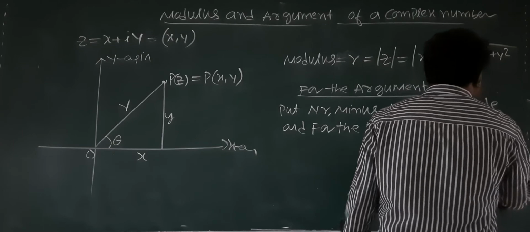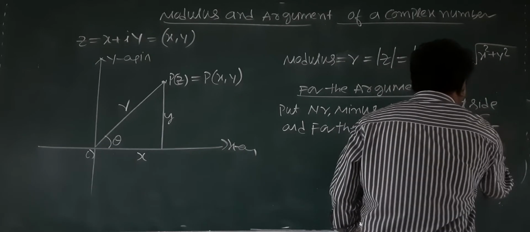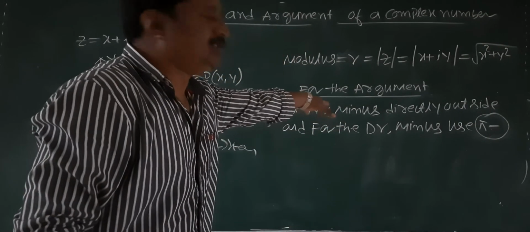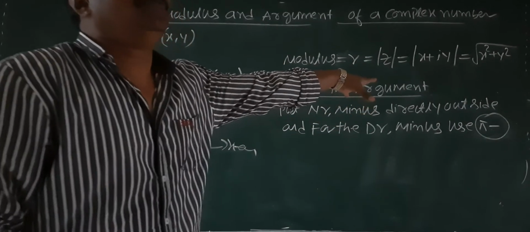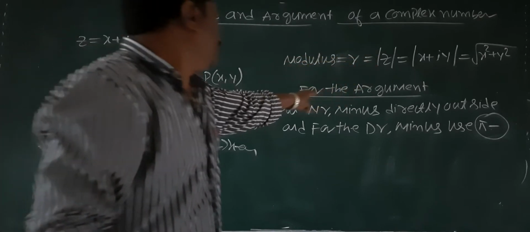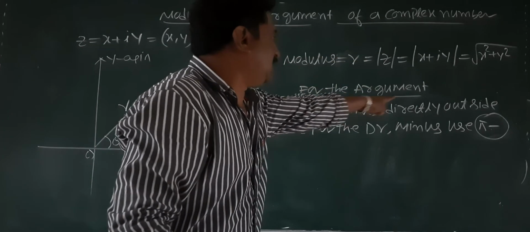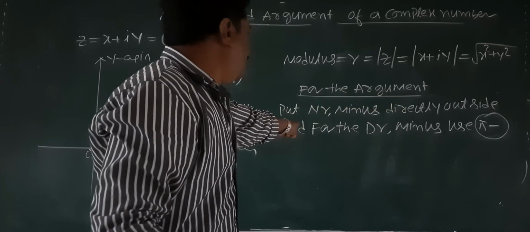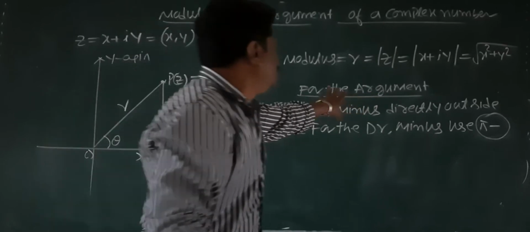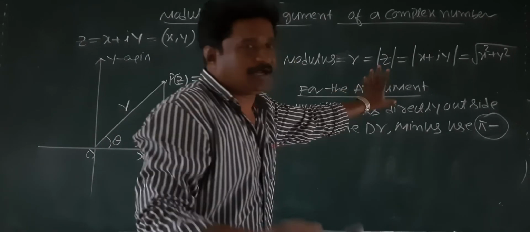Don't make a mistake about this. It is enough if you remember this general point. Otherwise, it will be risky and you will find it so difficult. Put the numerator minus directly outside. For the denominator minus, use pi minus. This is enough to find your argument.